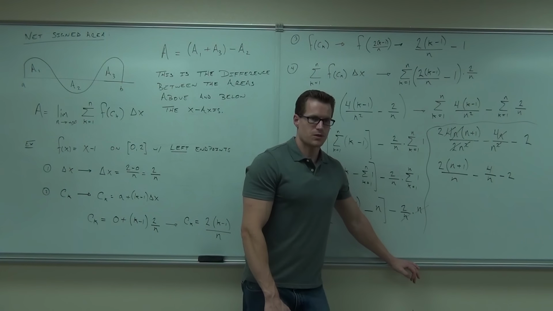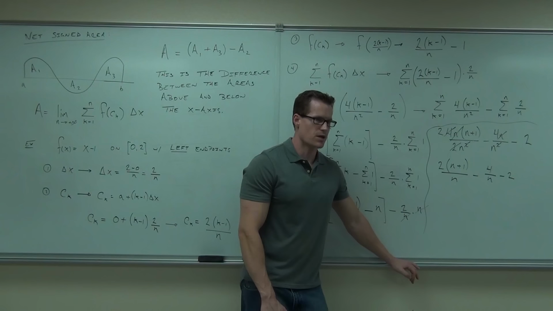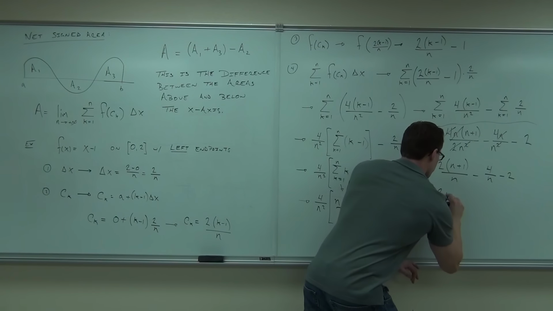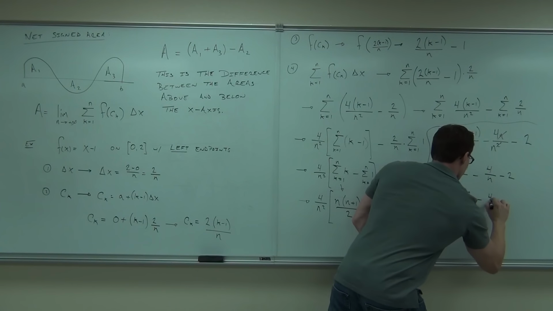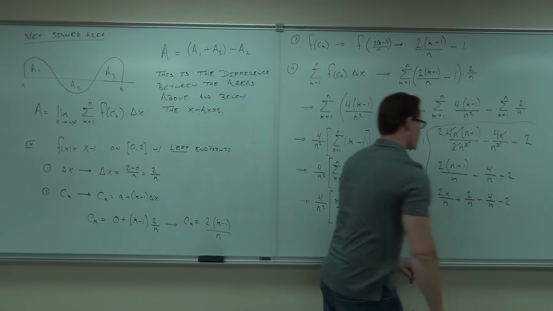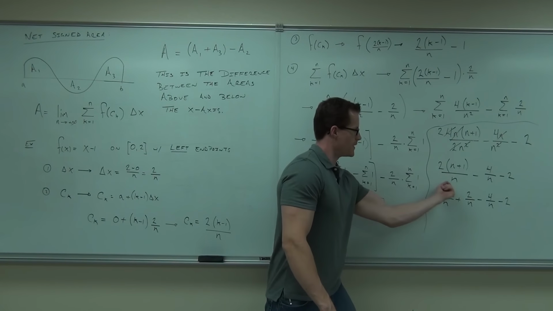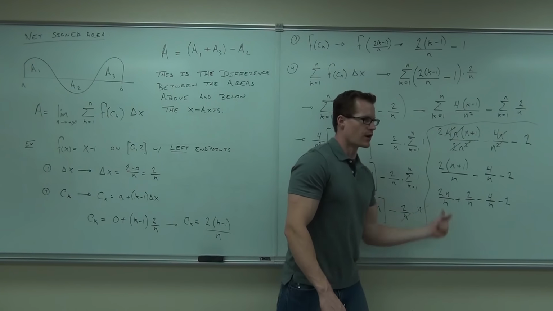Now, we'll distribute the 2. We'll get 2n plus 2. And I'm also going to break it up. (2n plus 2). And then I split the fraction up. 2n over n plus 2 over n.